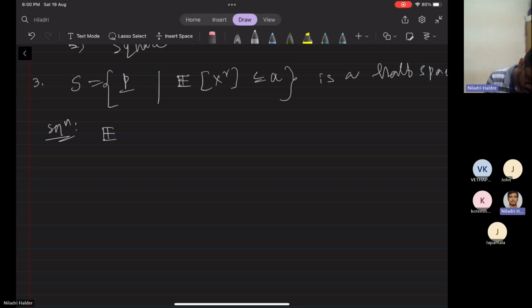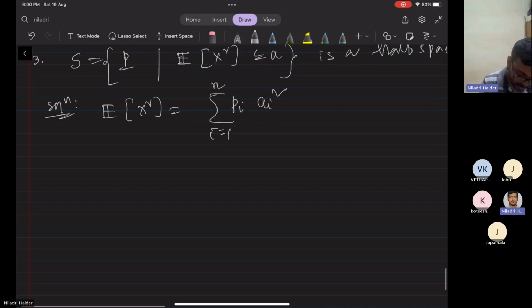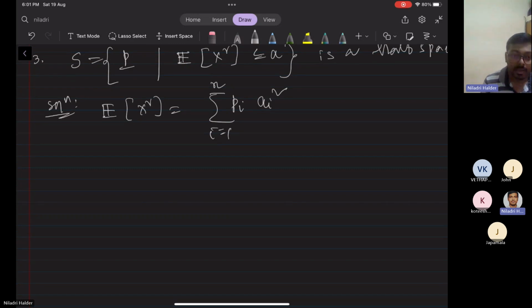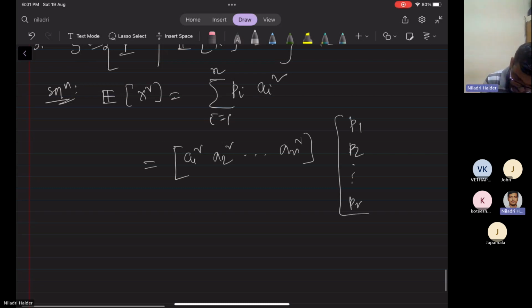Expectation of x square is equal to summation of p i a i square, where p i is the probability of each element. So this can also be written as a1 square, a2 square, up to an square, and p1, p2, up to pn.